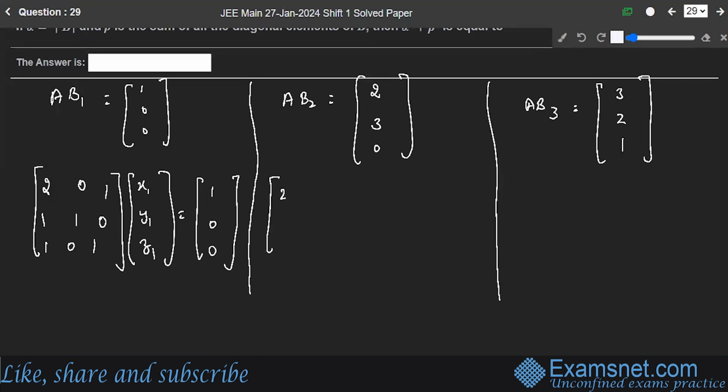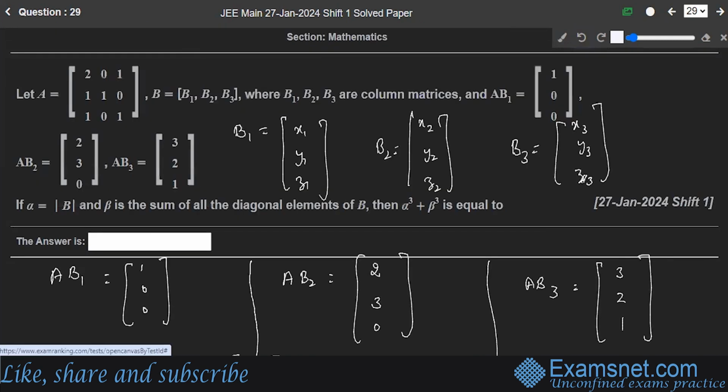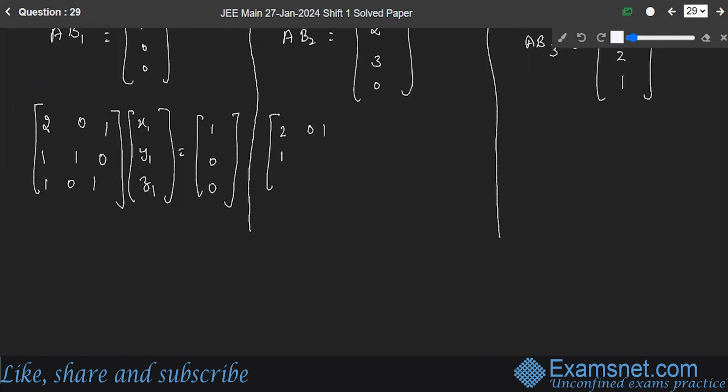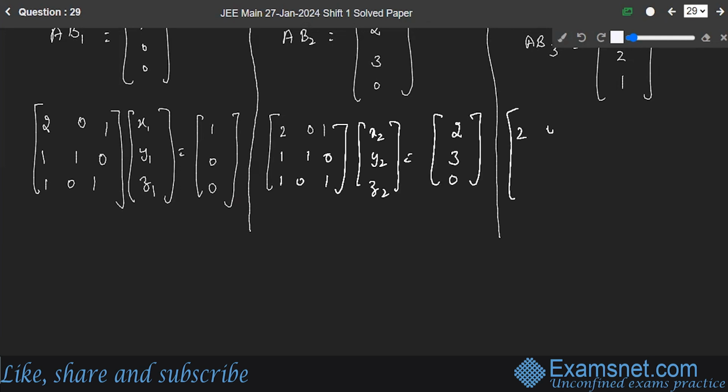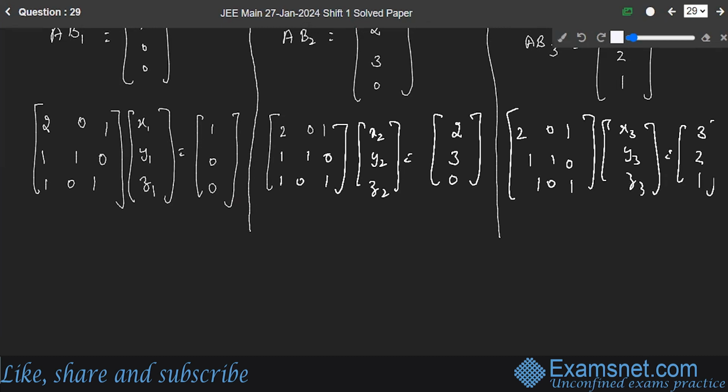So second, 2, 0, 1, 1, 1, 0, 1, 0, 1, into x2, y2, z2 is equal to 2, 3, 0. And the third, 2, 0, 1, 1, 1, 0, 1, 0, 1, times x3, y3, z3 is equal to 3, 2, 1. Okay, so now let's do the multiplication.